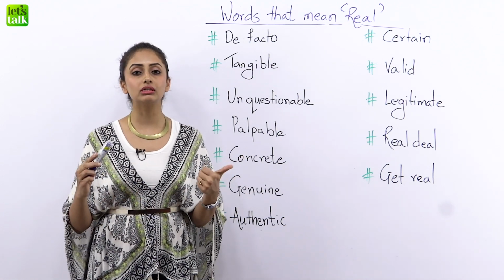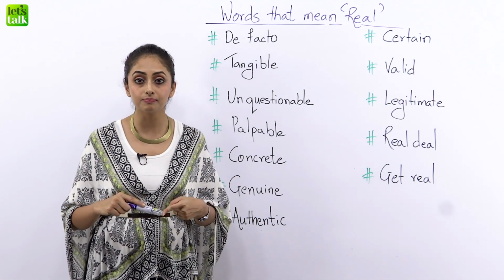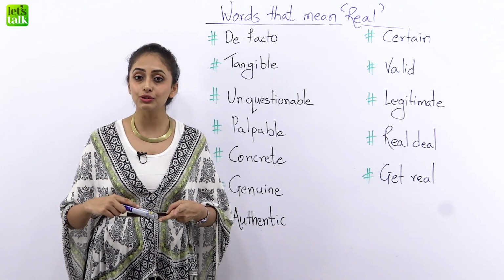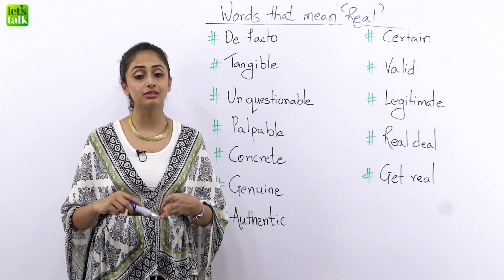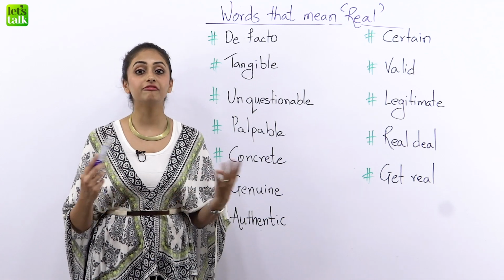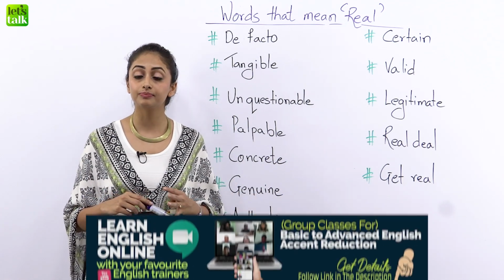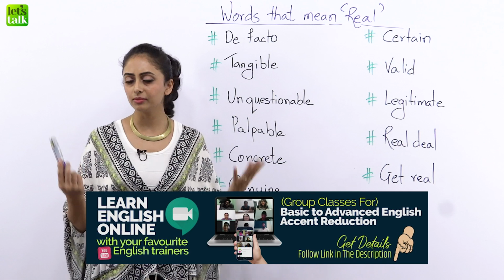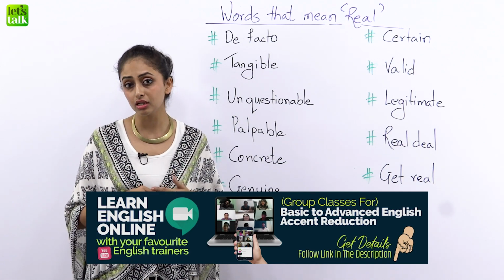We think about real as objects could be real, right? Places could be real, documents could be real, feelings could be real, right? General vibes or atmosphere could be real.